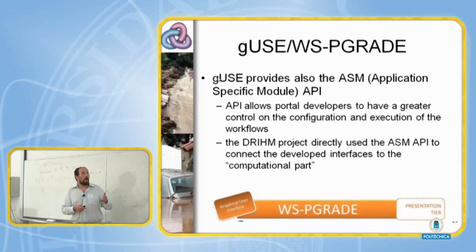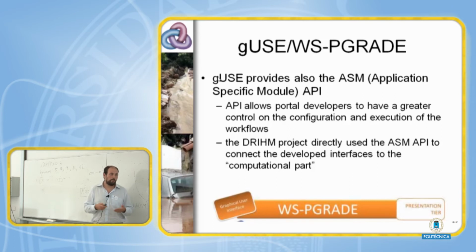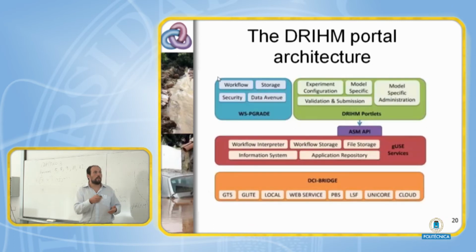So instead of relying on the graphical user interface already available, we created a direct connection to the engine behind gUSE. So essentially, this is the structure of the portal as we are using it now.